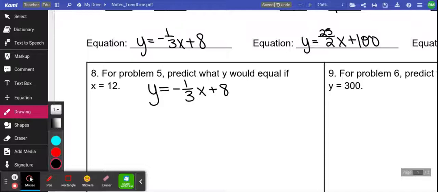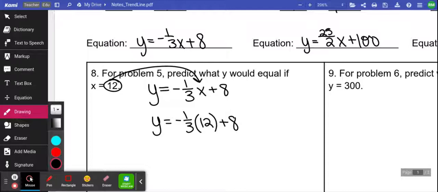So where we see x, we need to plug in 12. Remember function notation, the f of x stuff? That's kind of like what's going on here. So I'm going to plug 12 in where x is. Now I get y equals negative 1/3 times 12 plus 8. And now we just need to calculate.